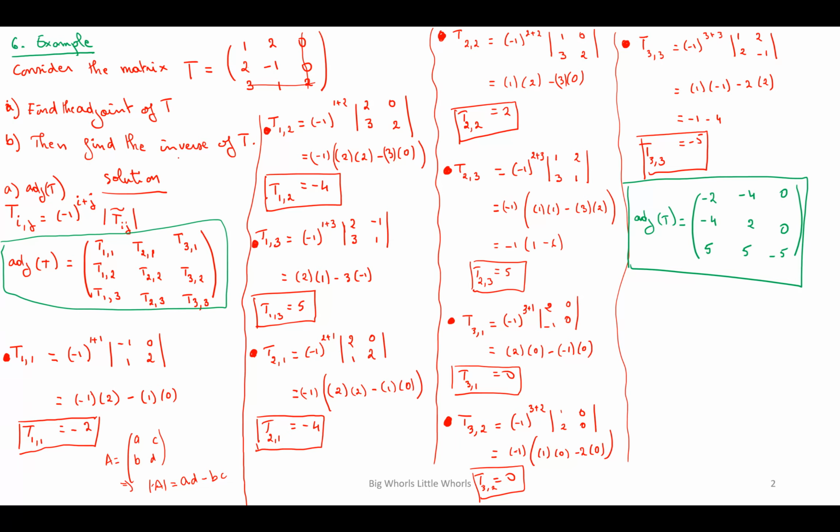Now we are asked to find the inverse, and we have seen earlier in this video that we can get the inverse. We have seen earlier that the inverse of T is equal to 1 over determinant of T multiplied by the adjoint of T. We have seen the adjoint already.